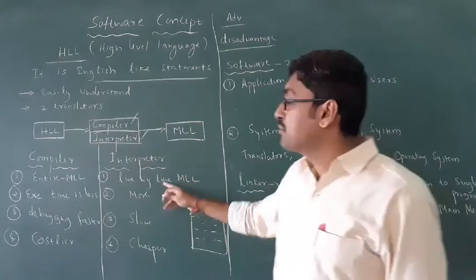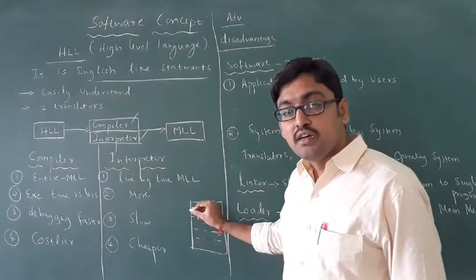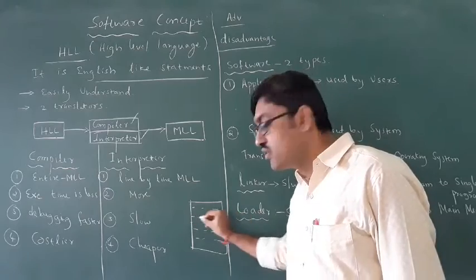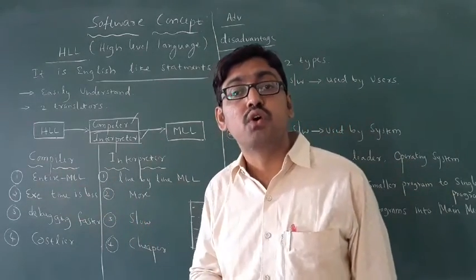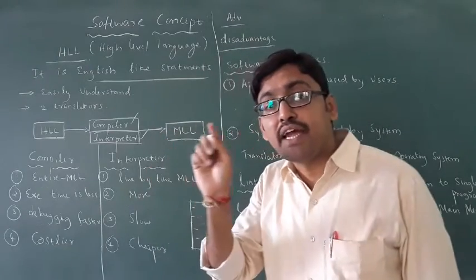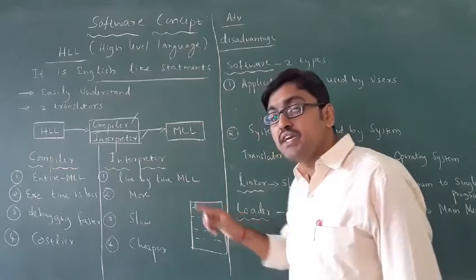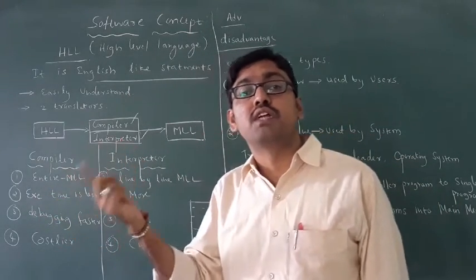Then what does the interpreter do? Suppose you have written 20 lines. It takes the program line by line, one line at a time, and converts it into machine level. It takes high level language line by line and converts this language into machine level.